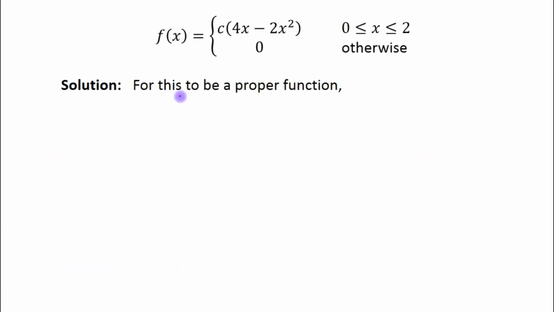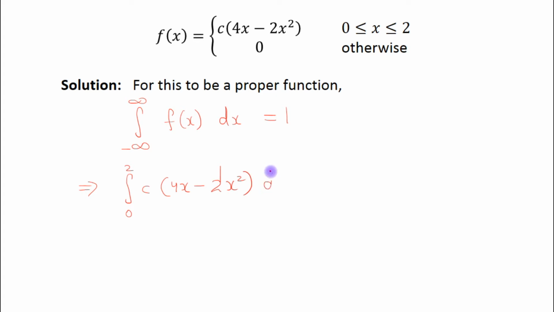Solution: for this to be a proper function, the integration from minus infinity to infinity of f(x) dx should be equal to 1. In the next step, the limits given are 0 to 2, so it will be 0 to 2, where f(x) is c(4x minus 2x squared) dx equal to 1.